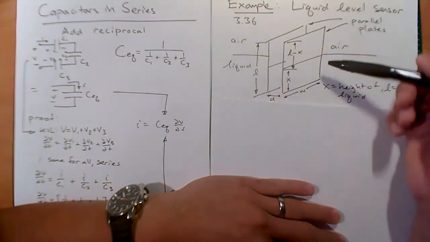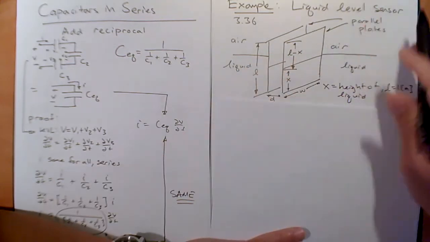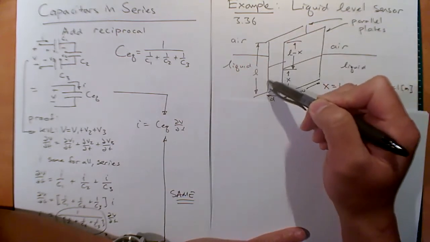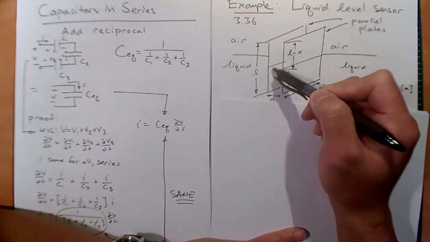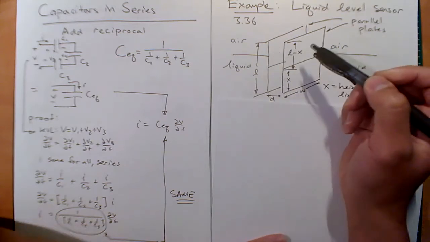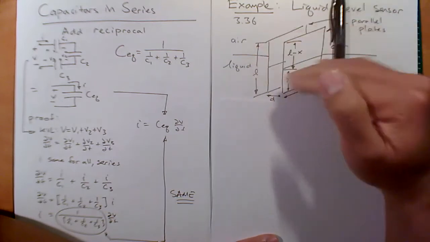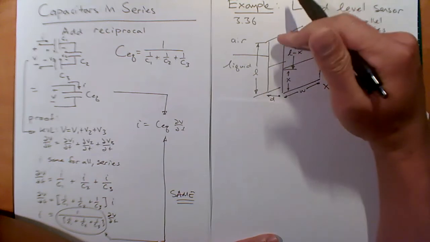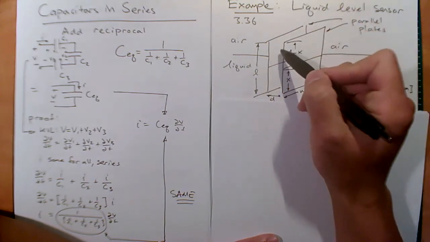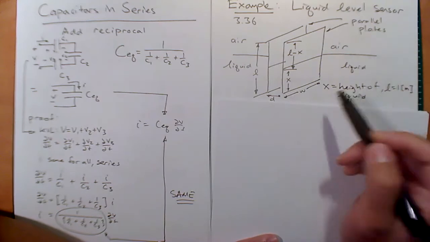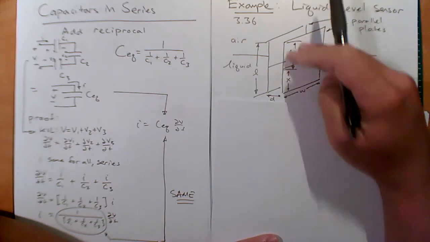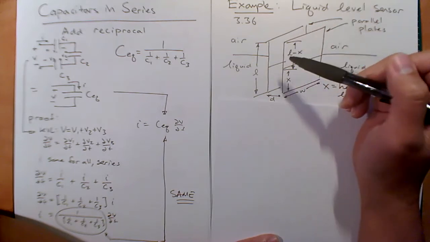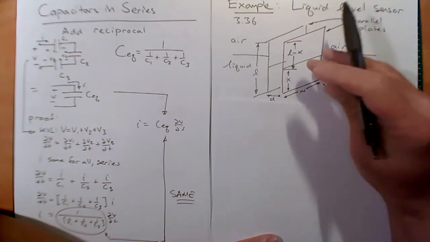If this liquid is cutting here and moving up and down, can you imagine that the dielectric constant, or the material in between, is changing? Notice if this thing was fully submerged, now the dielectric constant depends completely on the liquid. If the liquid drops all the way down, now the dielectric constant is air, or vacuum. And it's somewhere in between. So you can imagine that the capacitance of these two plates actually changes depending on the liquid level.